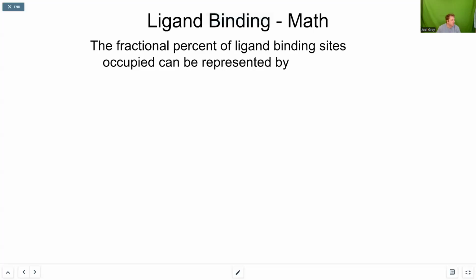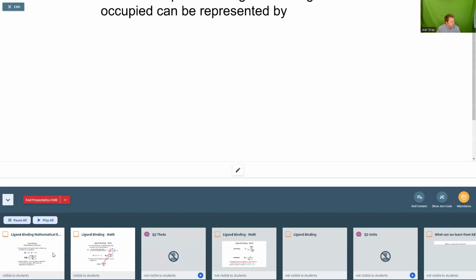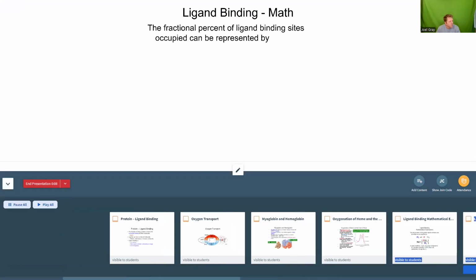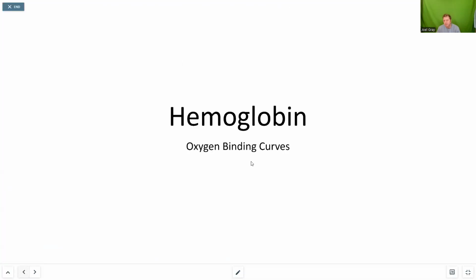Oxygen binding curves are basically how we evaluate different hemoglobin proteins, and not just hemoglobin proteins, but myoglobin and any other protein. But with that in mind, let's tackle our first question.